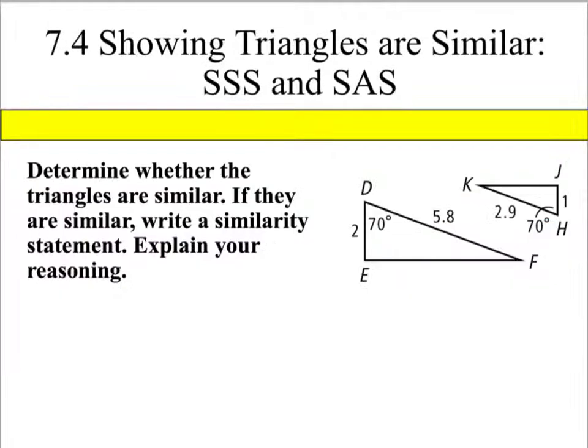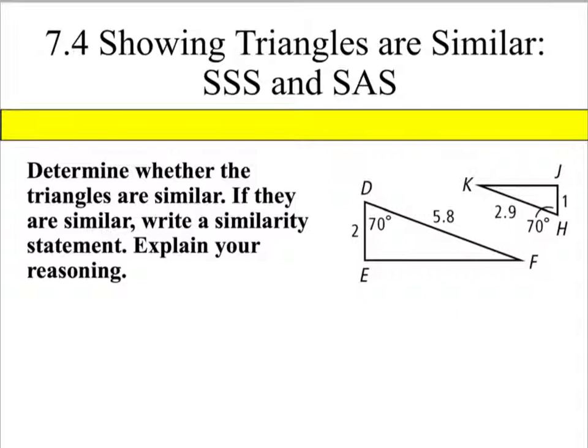Now we're going to look at this type of problem, when it says determine whether the triangles are similar. If they are similar, write a similarity statement and then explain your reasoning. Your explanation is going to be the theorem that we know is true.